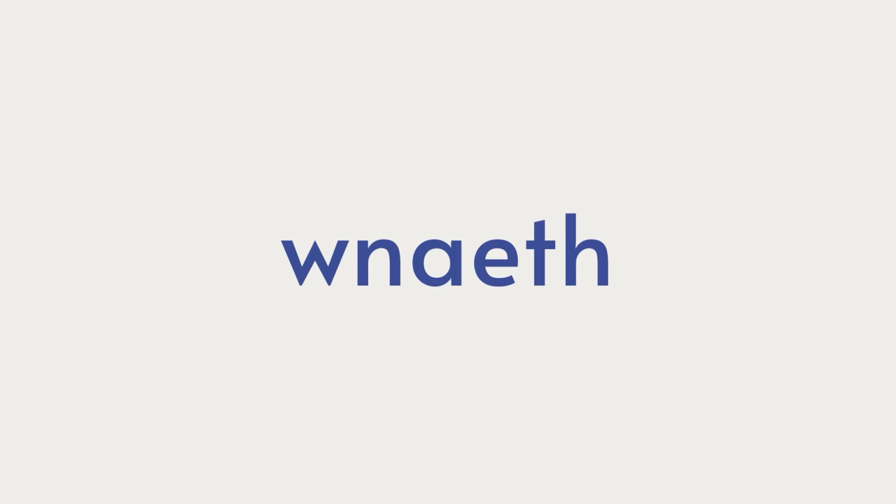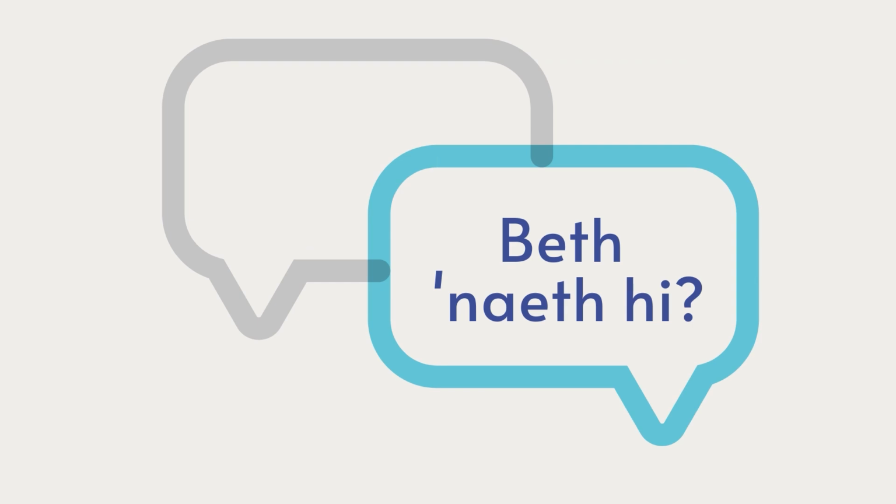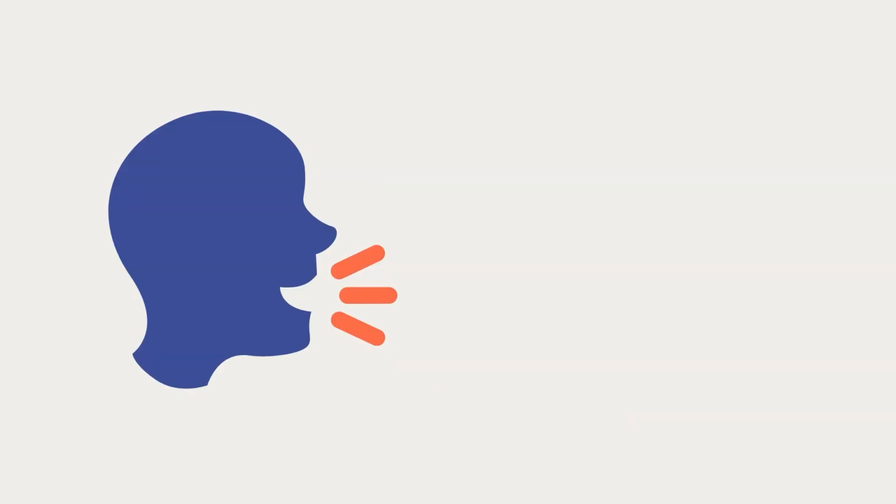As previously stated, the W sound disappears in spoken Welsh. So you're likely to hear beth wnaeth e or beth wnaeth hi. To answer, your sentences will start with the word gwnaeth.